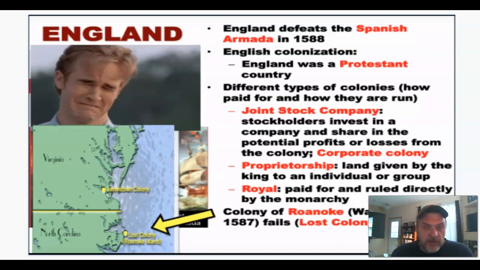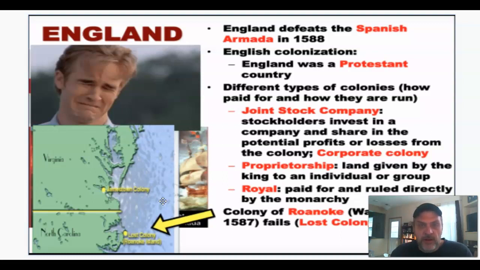Okay, the first colony that was attempted to be established in 1587, you can see here on the map down here in the lower left, was the colony of Roanoke. Walter Raleigh landed there in 1587, and it was a disaster. It's also known as the Lost Colony because no one really knows what happened to the people once they landed here.